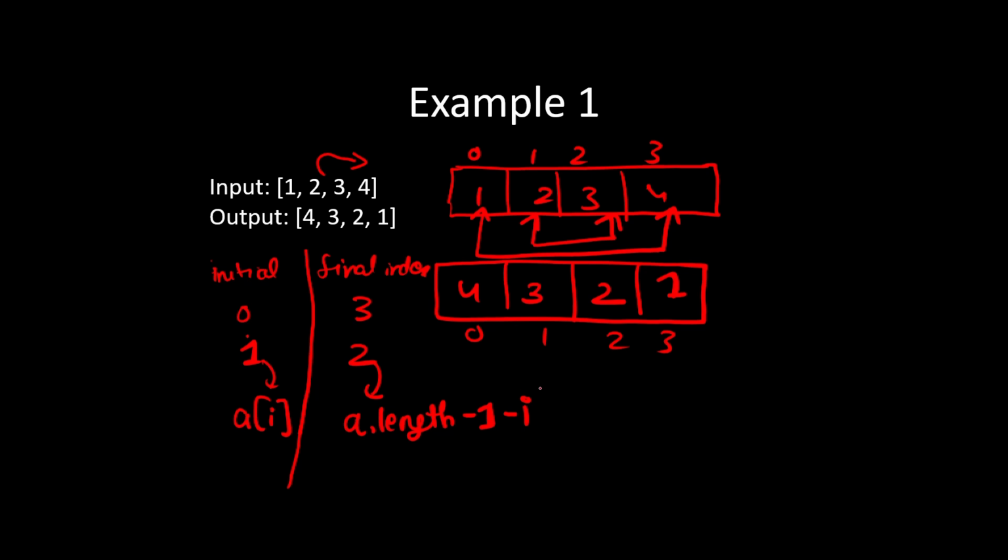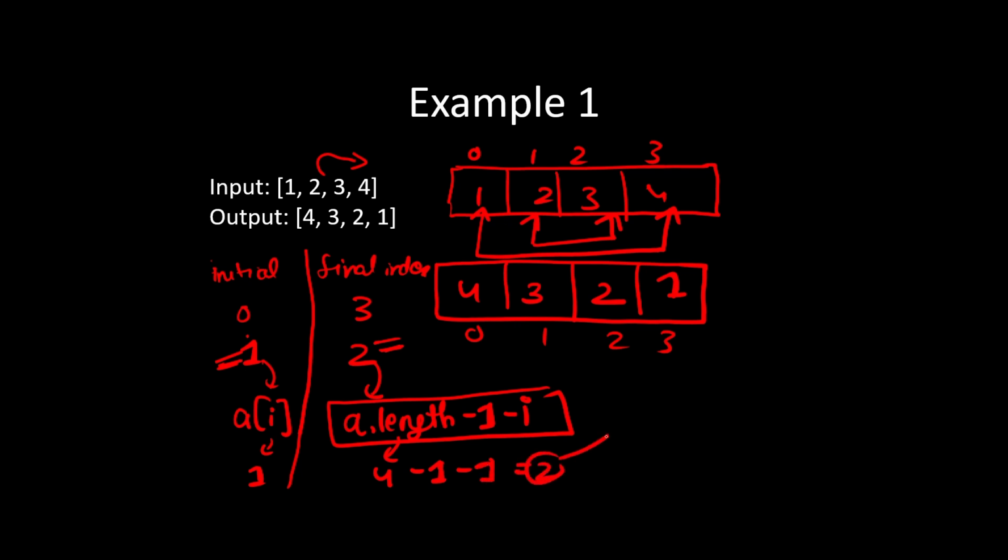Suppose this is the initial i and this is the final index from the last, with which you will swap it from the beginning part. Like if the initial i is 1, the end index will be a.length, which is here 4, minus 1, and minus i which is also 1, so 2, and that is the index you need to swap with your index 1.